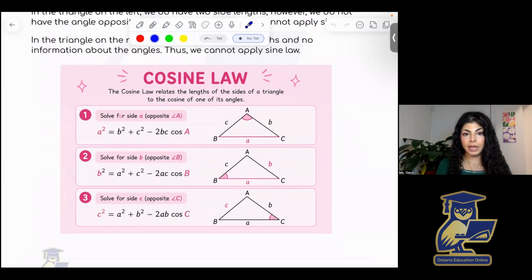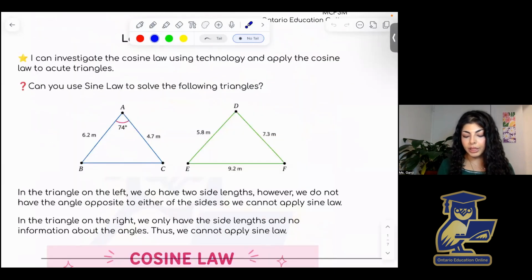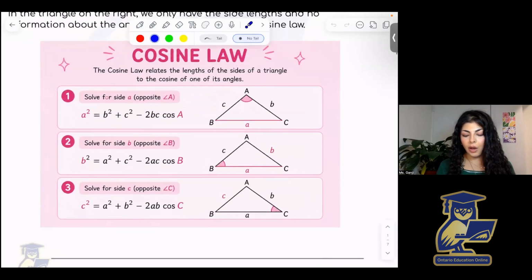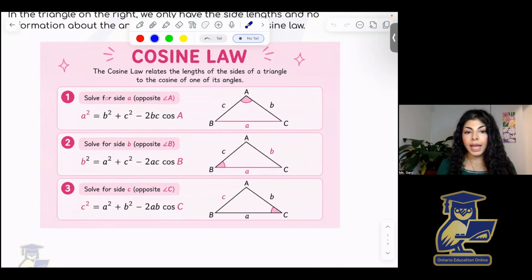So what is cosine law now? Cosine law will help us solve for both of these triangles. Cosine law relates the sides of a triangle to the cosine of one of its angles. For example, when we have side lengths C and B, we can determine side length A. The formula for it is A squared is equal to B squared plus C squared.